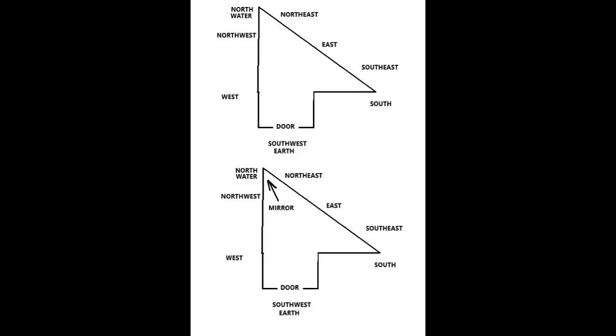What was done to calm the unbalanced energy of this apartment was to use the earth at the doorway to support the water in the north by affixing a small round mirror corresponding to the element metal directly inside the apex to the north. This used the generation cycle of metal generating or strengthening water.